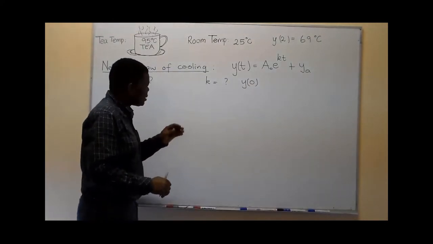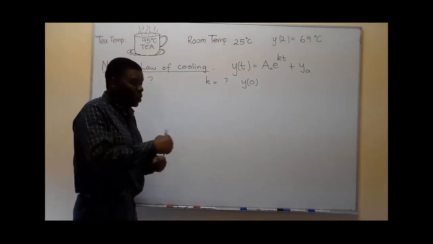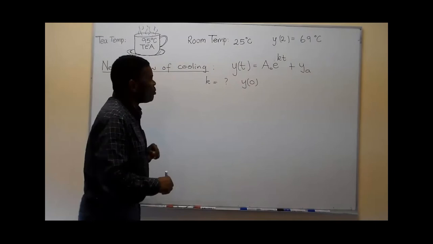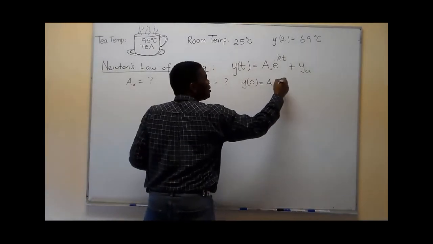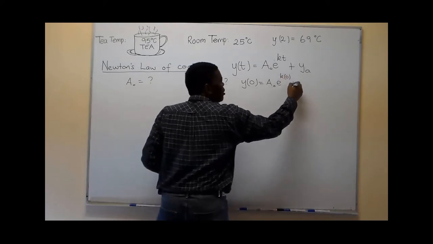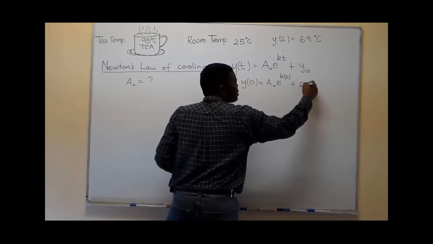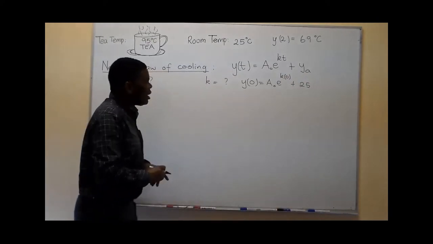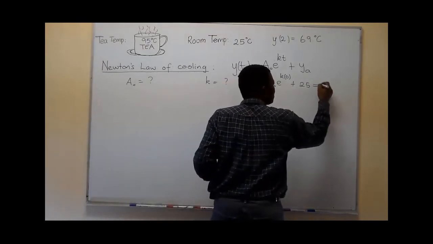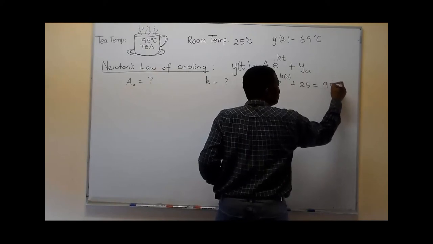We consider time t equal to 0 when we start observing this experiment. So y at 0 will be equal to a0 e to the power k times 0 plus our ambient temperature, which is 25 degrees, and that will be equal to 95.